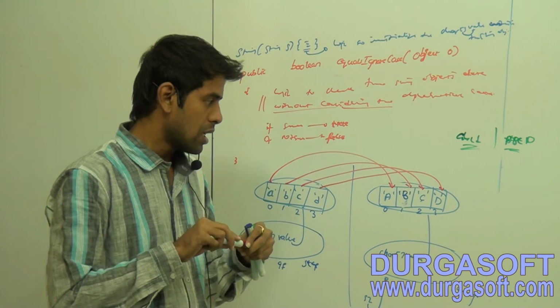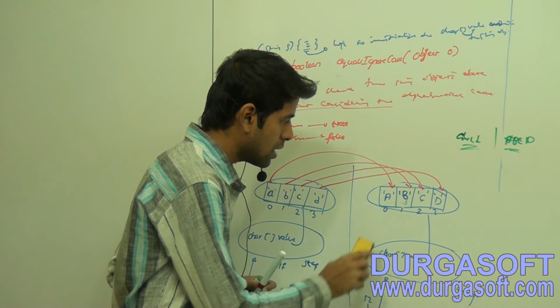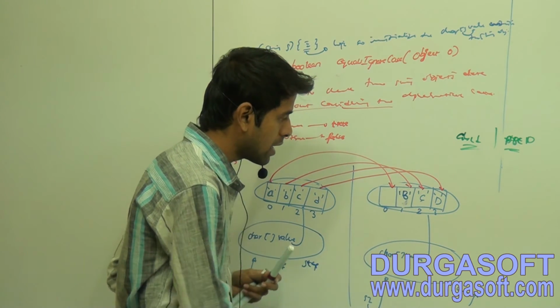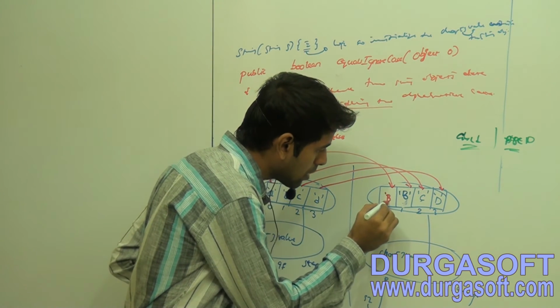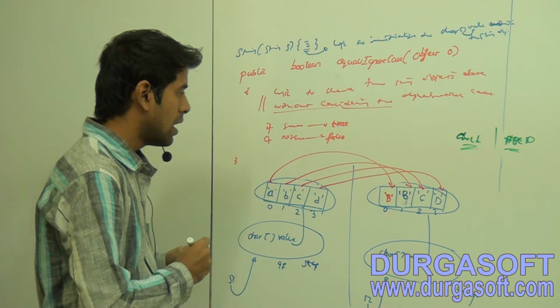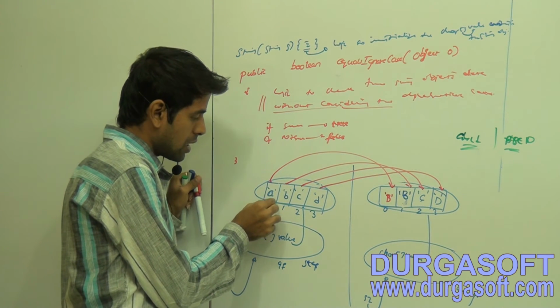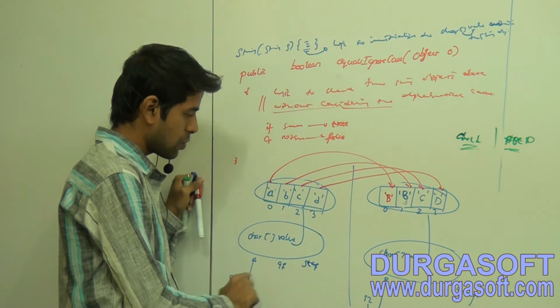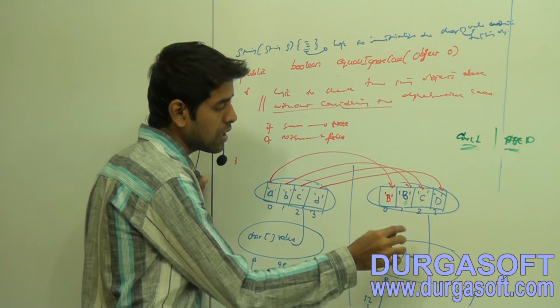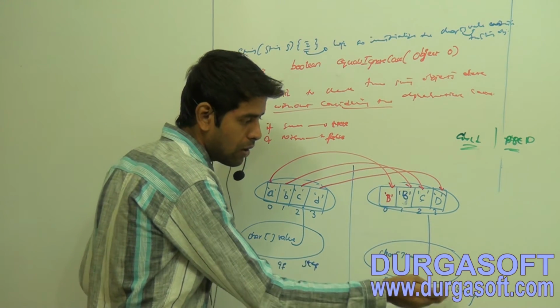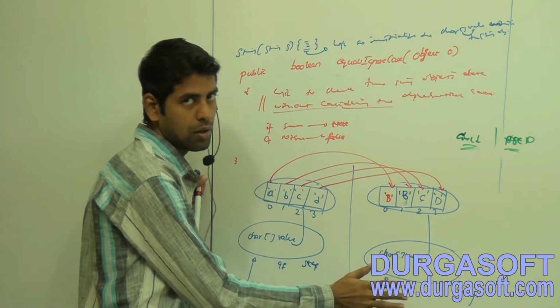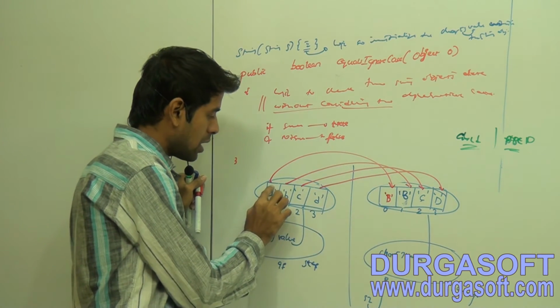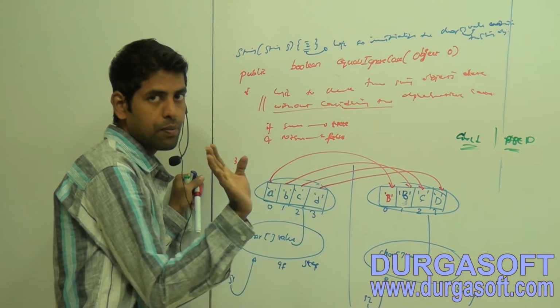So if I have a capital B here, I am checking the 0th index character literal of string object S1 with the 0th index character literal of string object S2. Tell me one thing, are this one and this one the same?